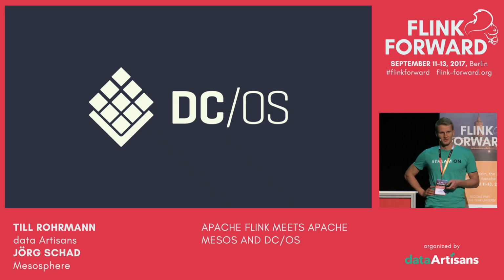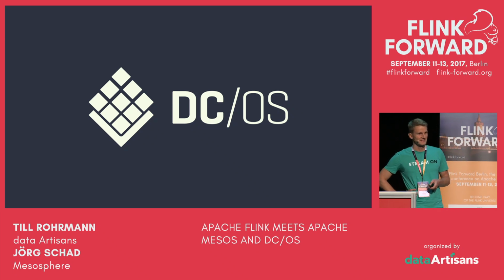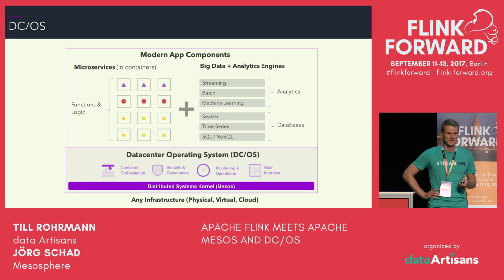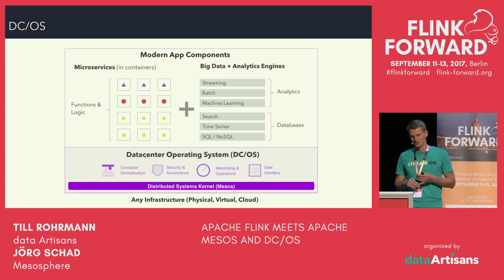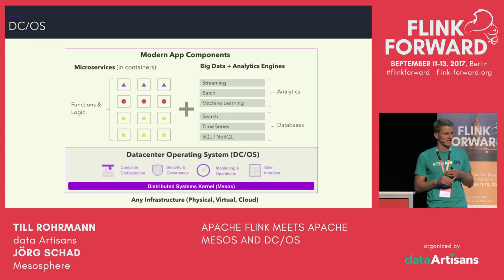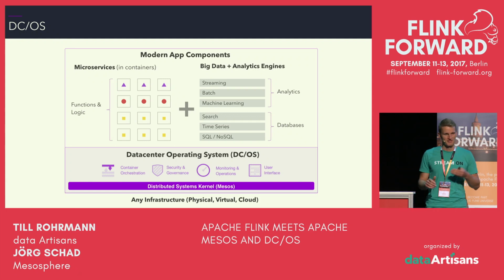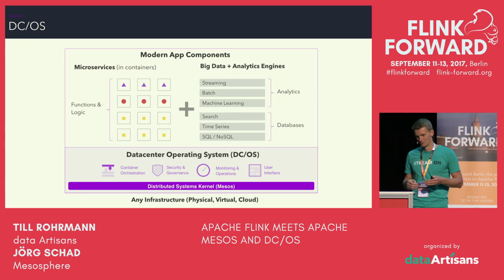Okay, so much for the Flink integration. Now let's take a look at DC/OS. In a data center setting, you usually have many microservices running, usually in containers. You have other services running, like databases.